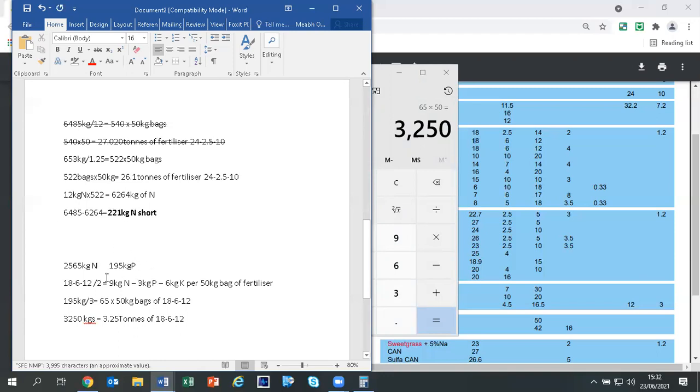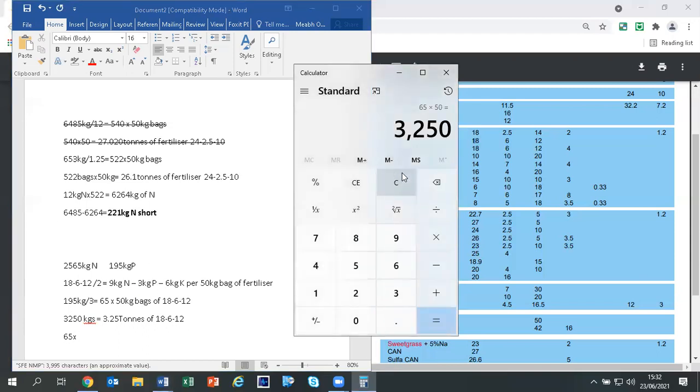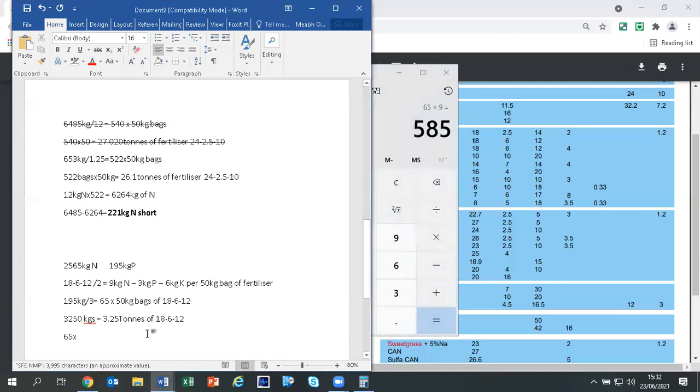So now we need to go back and figure out how much nitrogen we have now spread. We have spread 65 bags, and each bag contains 9 kilograms of nitrogen. So 65 multiplied by 9 tells us that we have spread 585 kilograms of nitrogen.